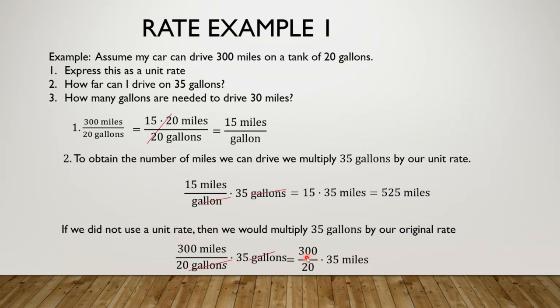You're left with 300 over 20 times 35 miles. How would you calculate this? Well, you could use a calculator. It turns out you'll get 15 times 35, which is 525 miles. So you'll get the same answer, of course. But I'm just saying here, you don't have to express the rate as a unit rate. You could, but you don't have to.